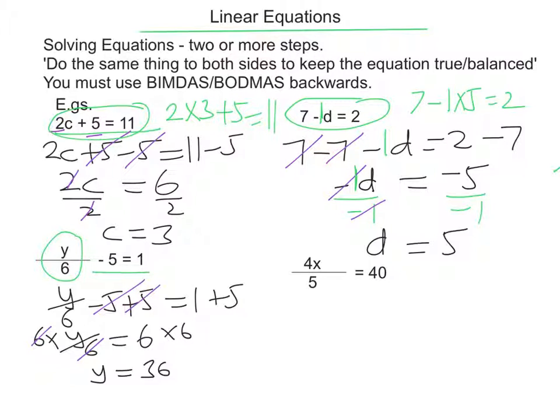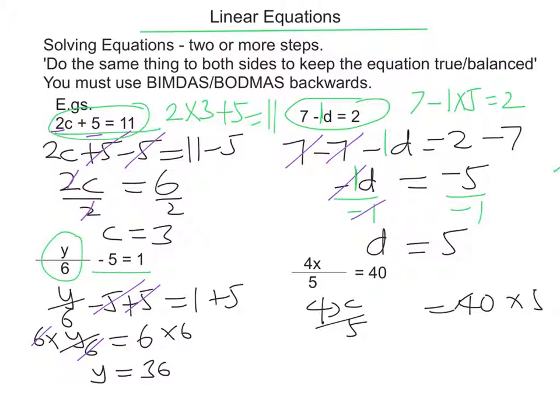In the last question, we've got two numbers. One's multiplied by the x, that's the 4, and one's divided, that's the 5. It doesn't actually matter which one you get rid of first here because multiply and divide are the same order of operation. So I'm going to get rid of the divide first. So let's write it out. 4x over 5 equals 40.